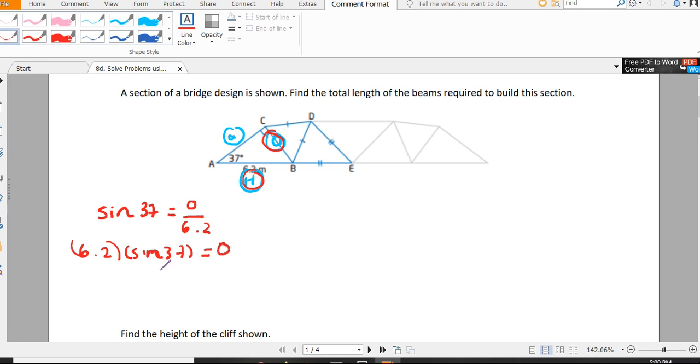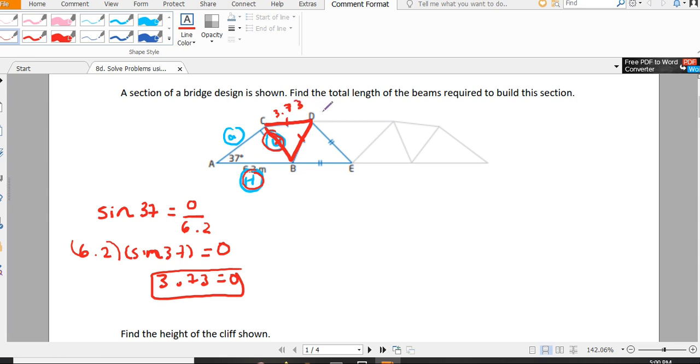So 6.2 times sine of 37 is equal to 3.73. 3.73 equals the opposite side, which means this is 3.73, this is 3.73, and this is 3.73. And how do I know? Because these ticks tell me they're the same. So I'm going to write 3.73.